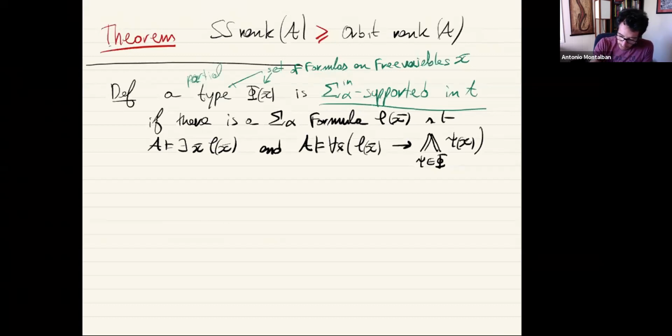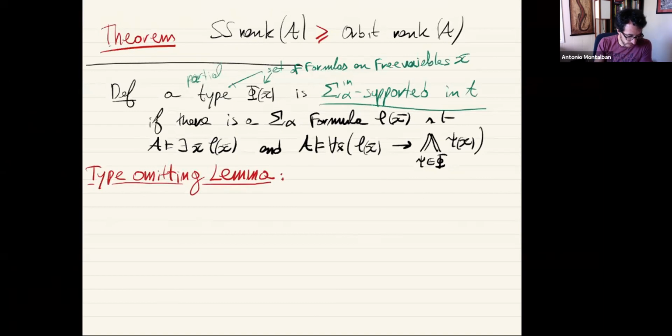And the type omitting lemma, this is a version of the type omitting lemma. I guess this precise version is in the book. I don't know if it's anywhere else.